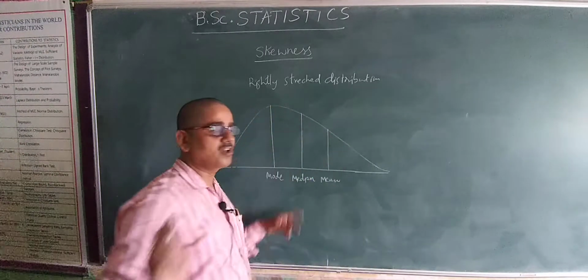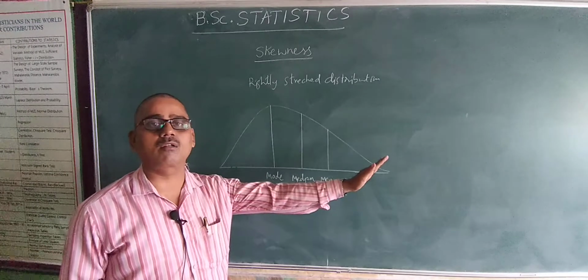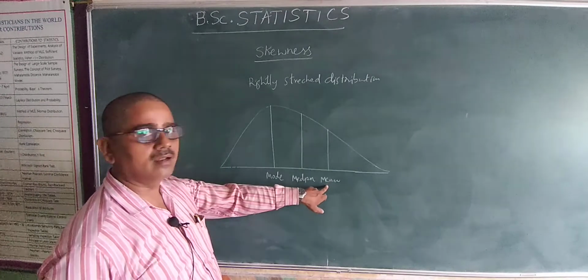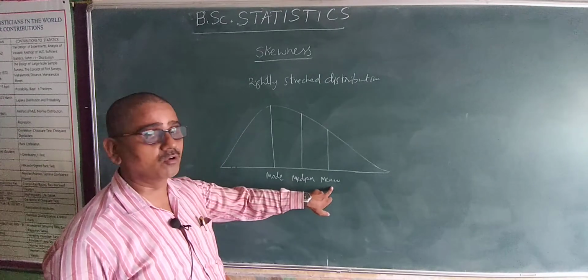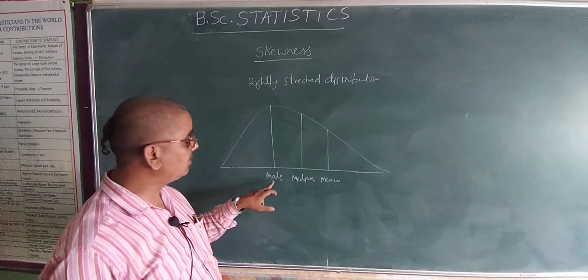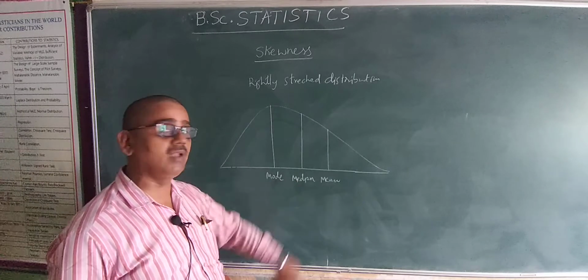Now you observe here from the graph, there is an increasing trend. So this is the mean, which is the highest value. Mean is greater than median, which is greater than mode; that is, mode is less than median, and median is less than mean.